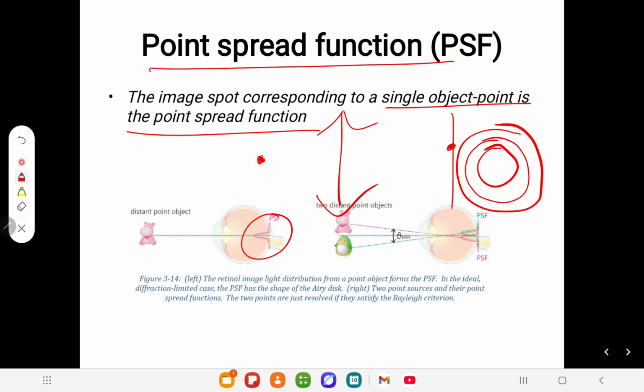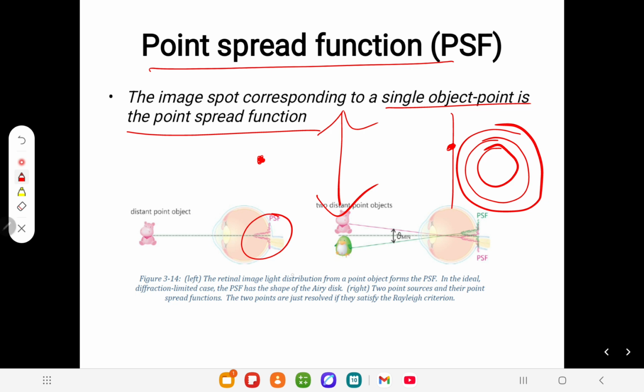But with aberration, it is called the point spread function, and sometimes we use line spread functions: when the object is a line, the image is also a line spread function. When the object is a point, then the image is a point spread function, isn't it?